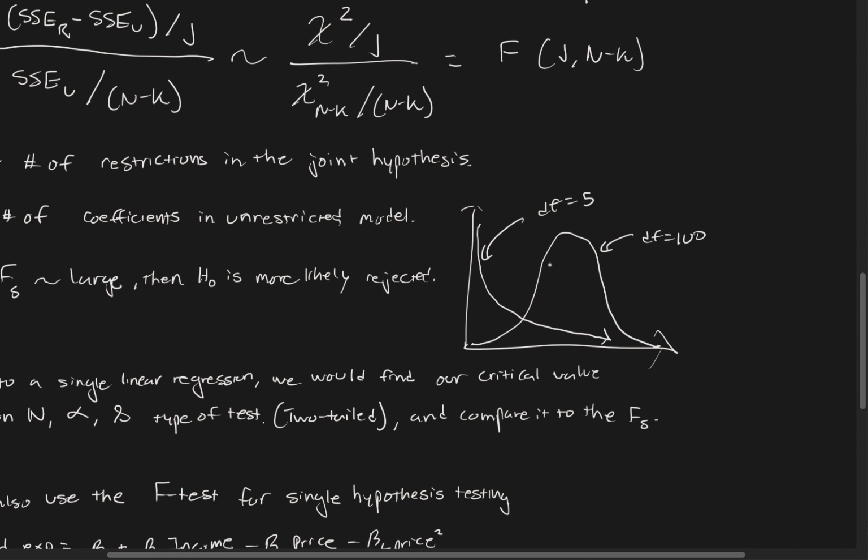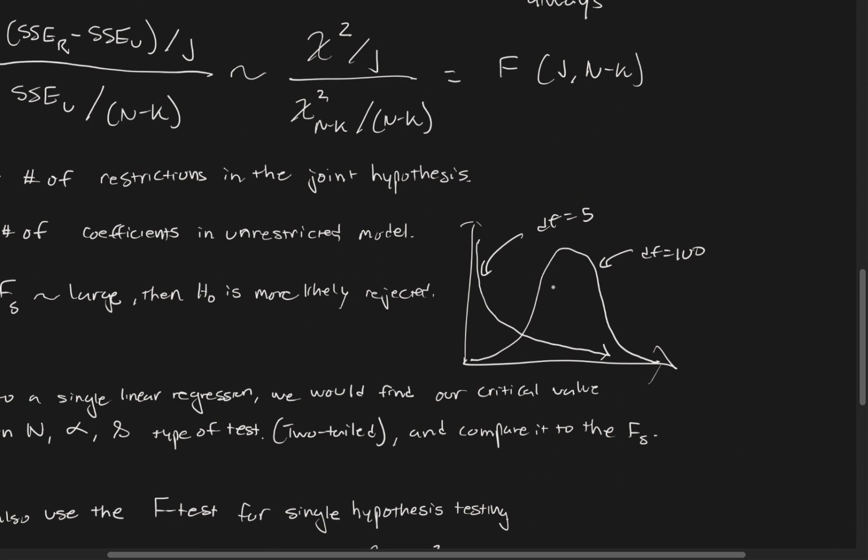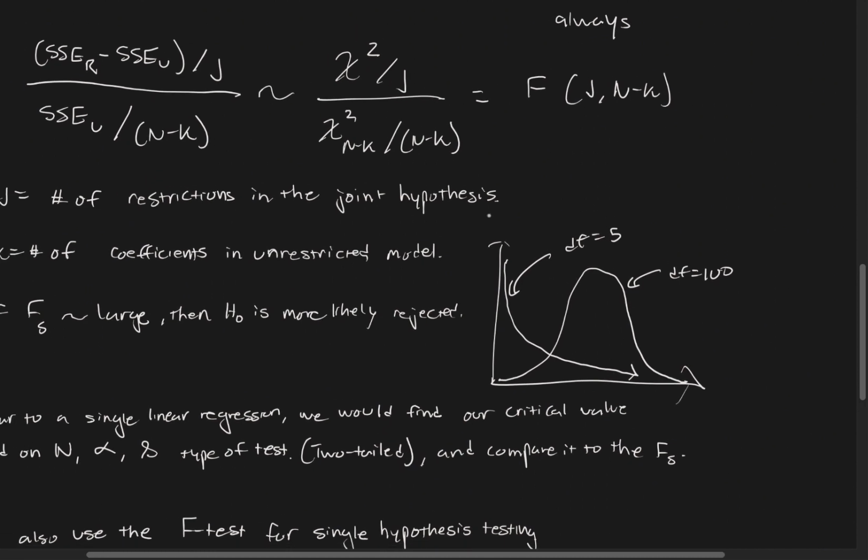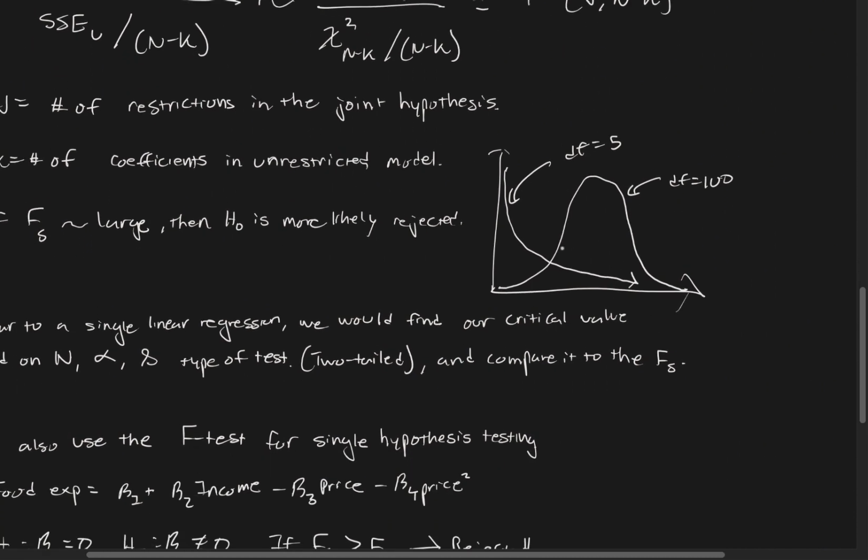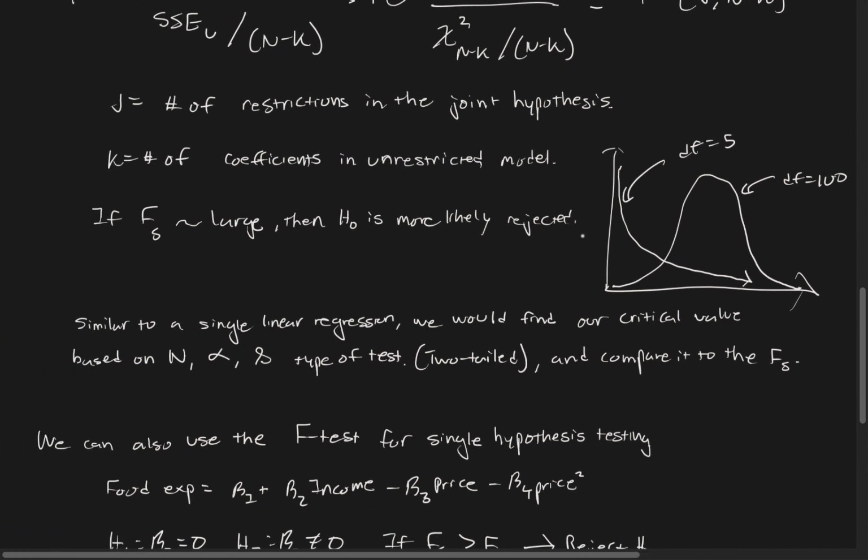Once again, recall the central limit theorem. If we have a low sample size, it will look nothing like a normal distribution. It will be skewed to the right because we are squaring, so it will never be negative. And as our sample size gets larger, it will become closer to a normal distribution.